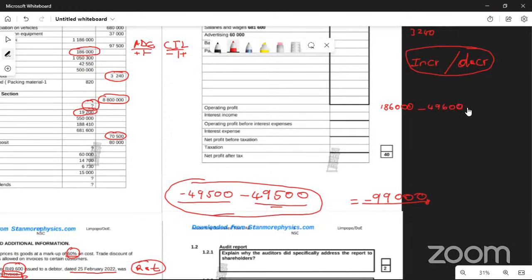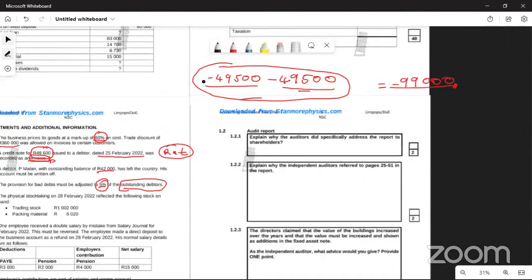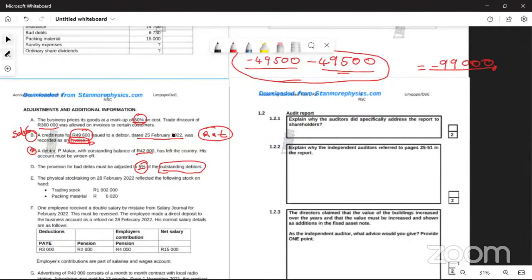Okay. Then again, minus the bad debts. Sorry for confusing you. What I'm trying to say is that you take the trade debtors, make your adjustments, and check for new transactions that are affecting your debtors.